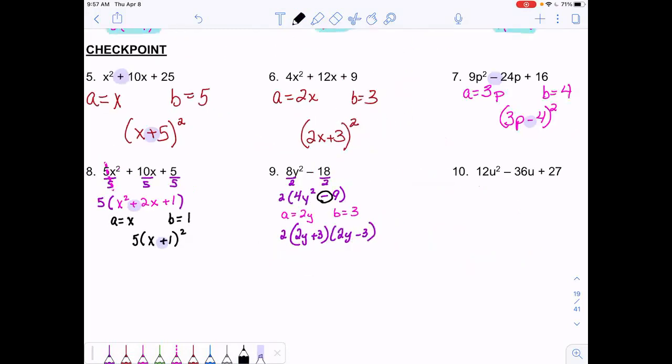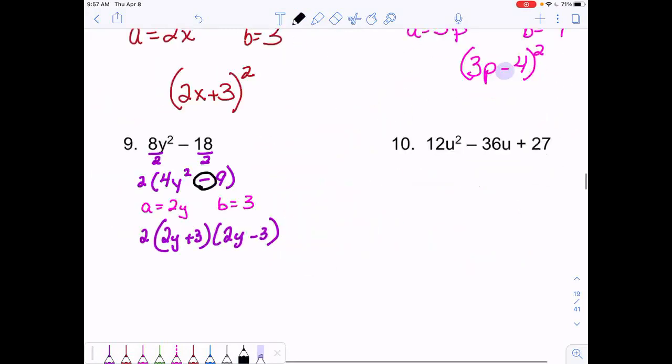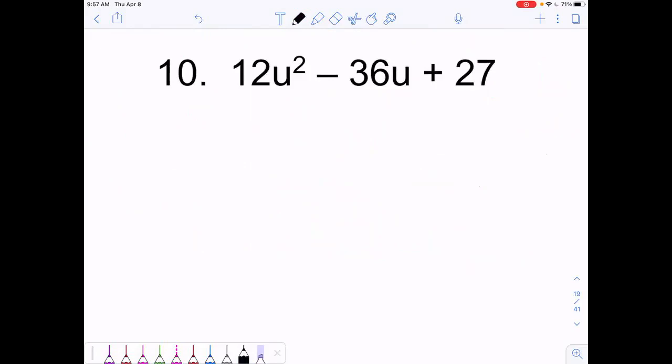So the last one on here, 12u squared plus 36u plus 27. Anya, is there a GCF? This one's a little tricky. So 12, 36, and 27. Would it be 2?